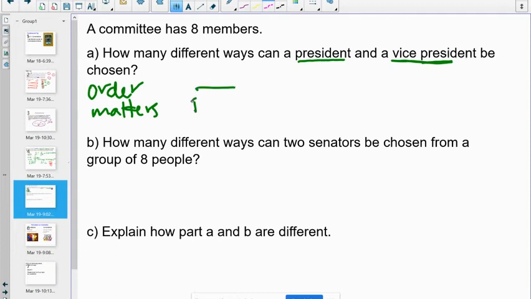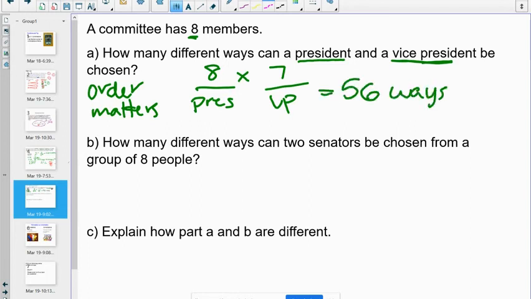Because we have a spot for president and then VP, we have 8 total people, so it's going to be 8 choices for that first spot. And then for our second spot, there's 7, because we already picked a president. And that's 56 ways. And that's a permutation because order does matter. We'll go more into this in the next lesson, but this is just a brief summarization of how to differentiate the 2.